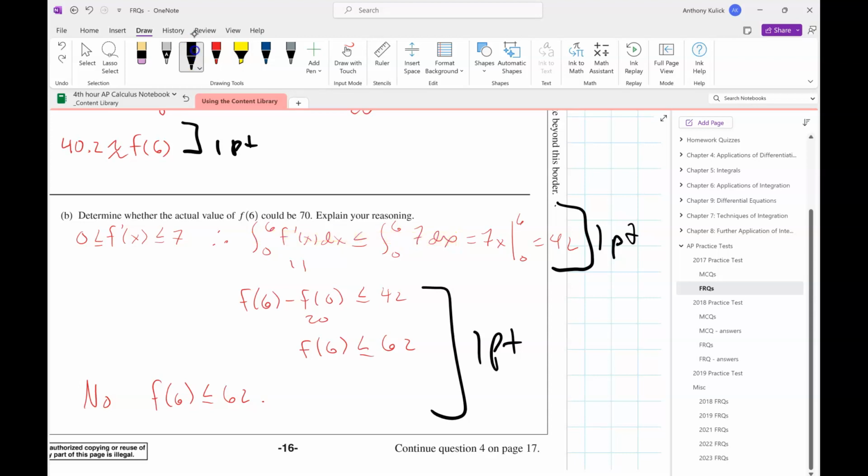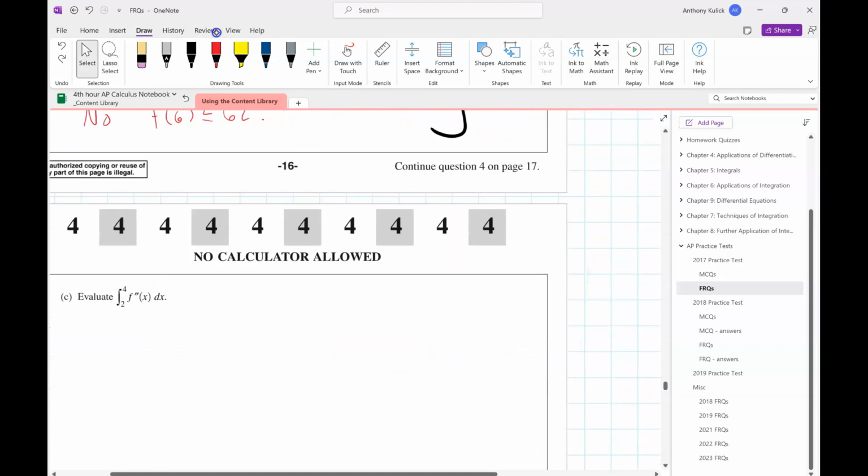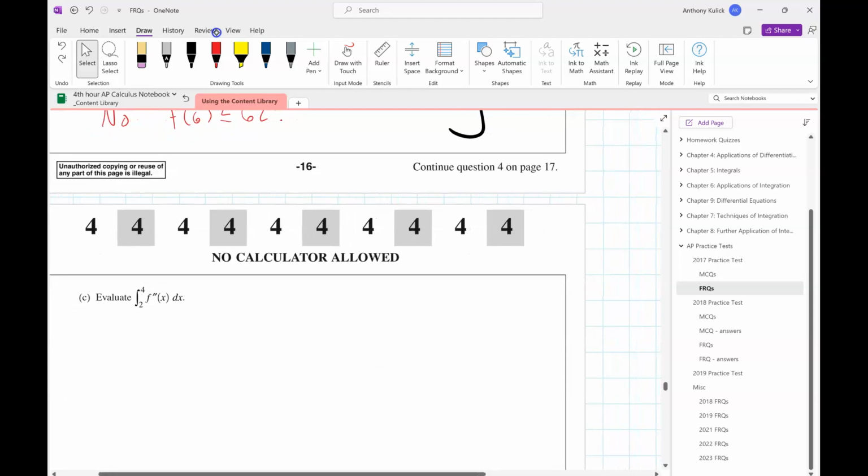It was really the same problem as before, just instead of using the midpoint Riemann sum to do the integral, you just integrated 7. But you had to recognize that that's what you had to do there. Part C is the easiest part of all the free responses.